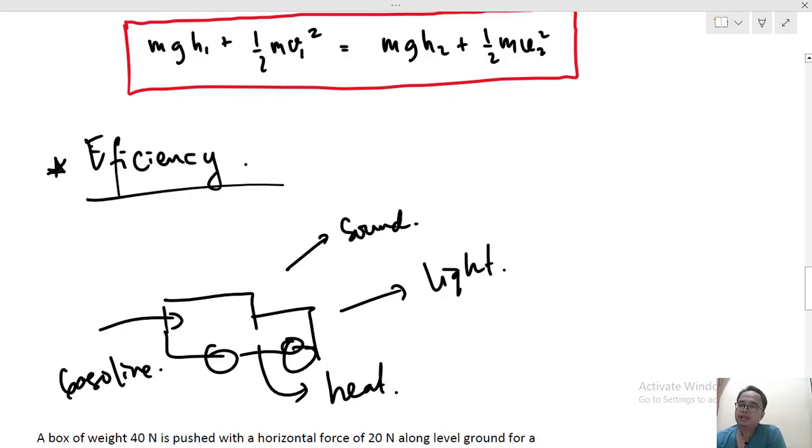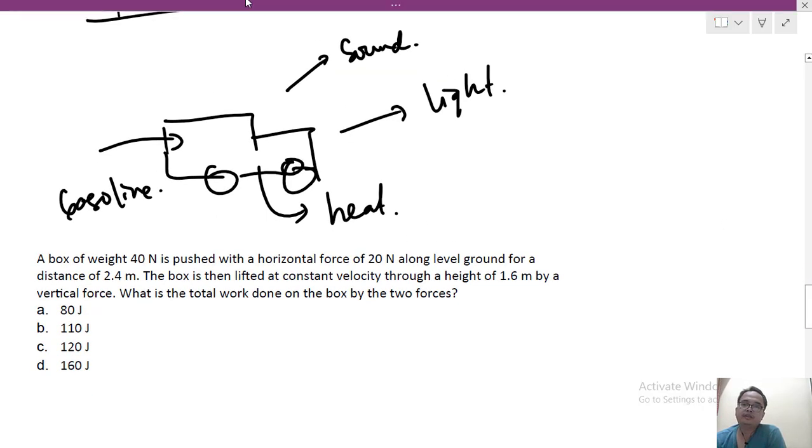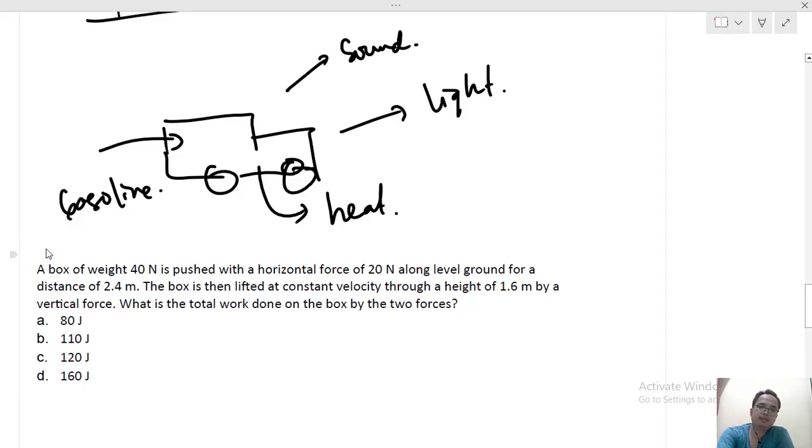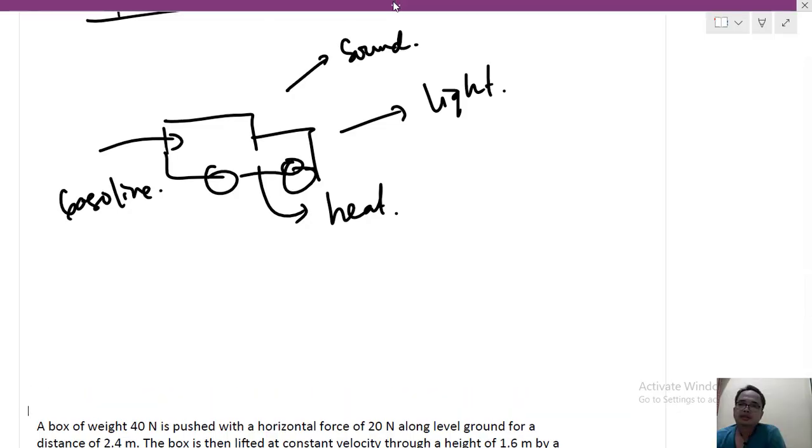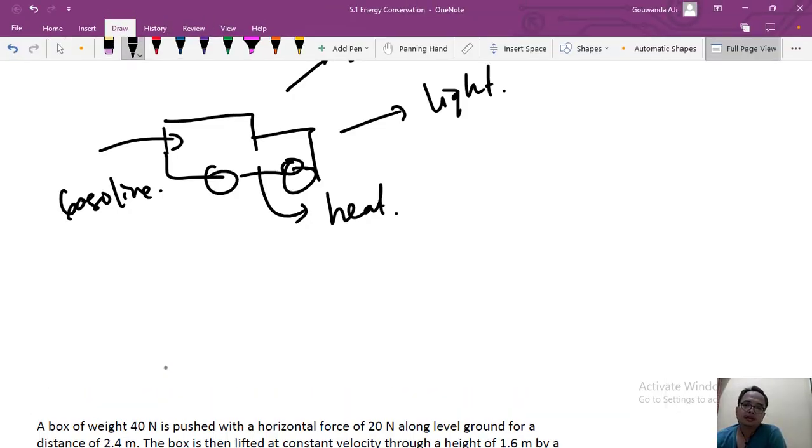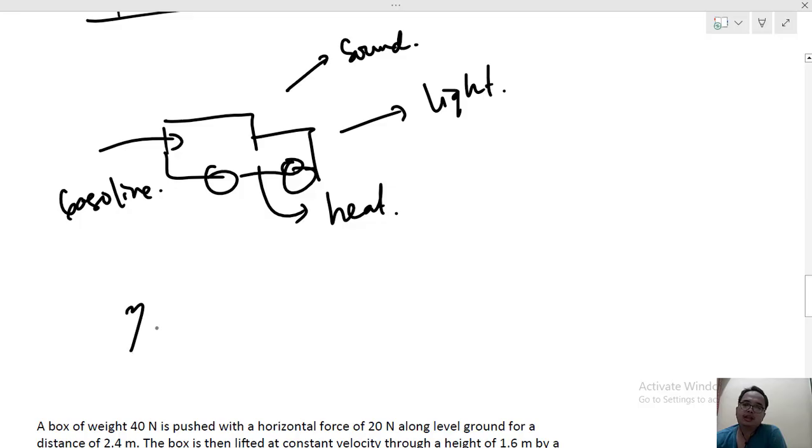Efficiency can be defined as, eta, equals energy output per energy input.